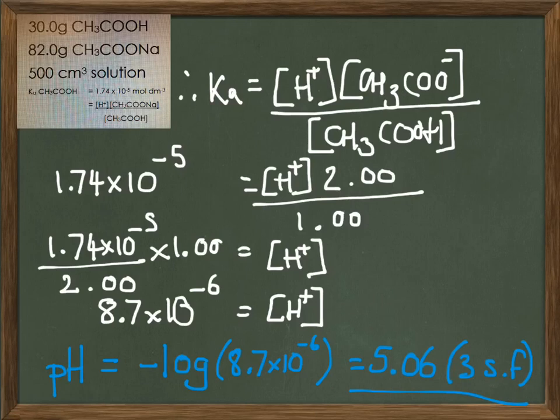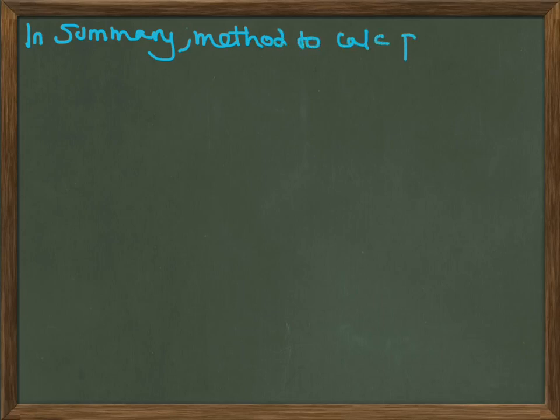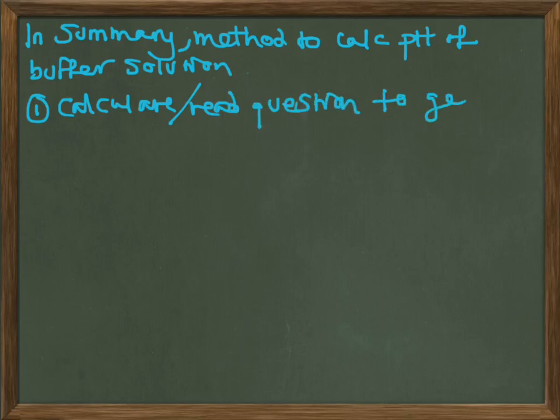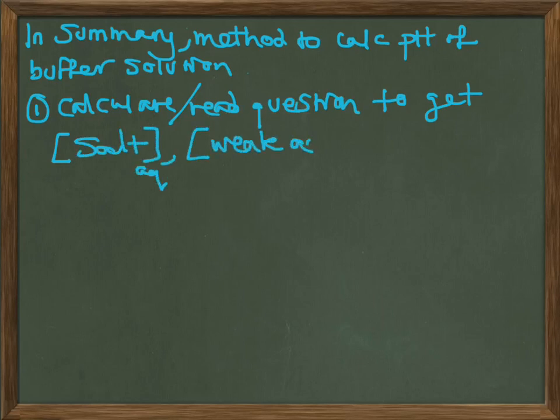Okay, so in summary, the general method to do any of these calculations is to first read the question and derive the concentration of your salt of your weak acid and the concentration of your weak acid. So you'll need to carefully read the question to get some concentration values, whatever they may be.